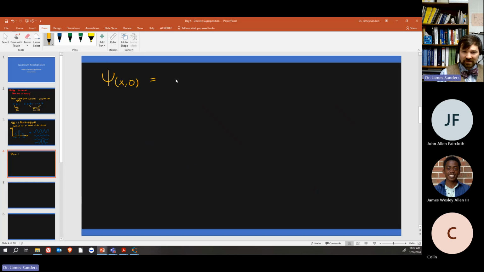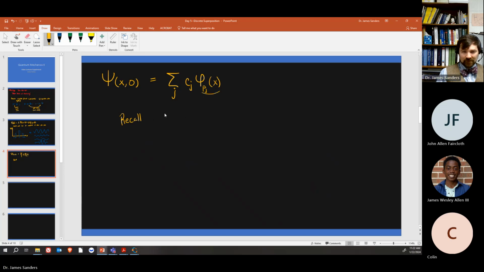The answer is it should be the sum of all of the individual sine waves that I've put in, all the individual eigenstates with their respective amplitudes, with the eigenstates in x representation.